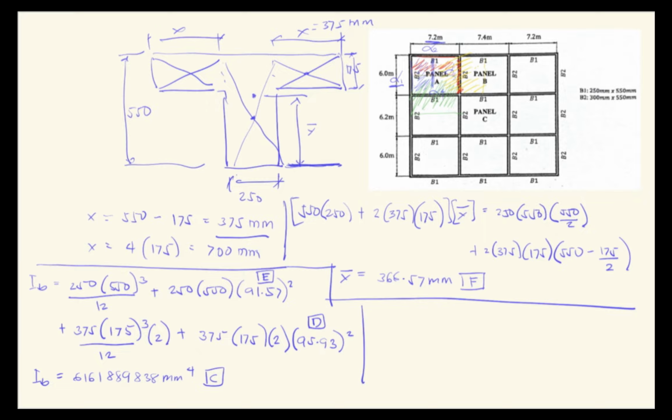Now solving for the moment of inertia of the slab, considering the portion of the panel, to solve for alpha 4, IS is equal to the effective width, which would be half of 6 meters and half of 6.2. So that would be equal to 6.1 meters or 6,100 mm multiplied by 175 cubed divided by 12.